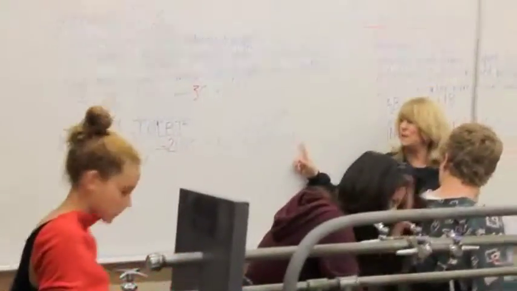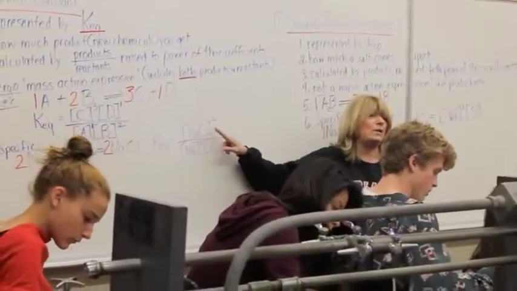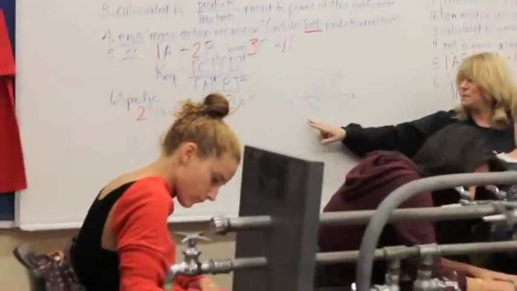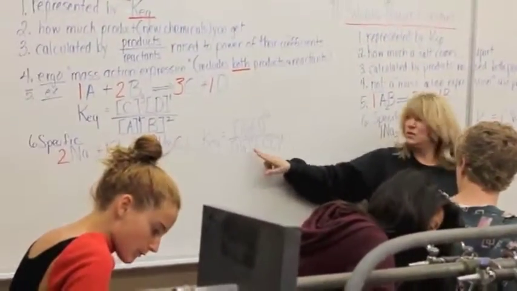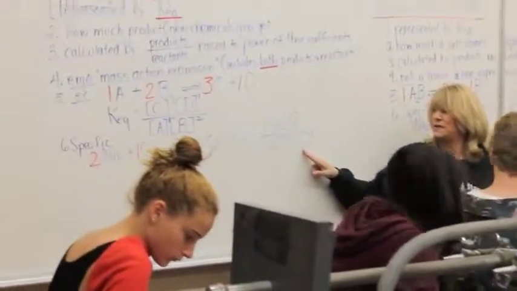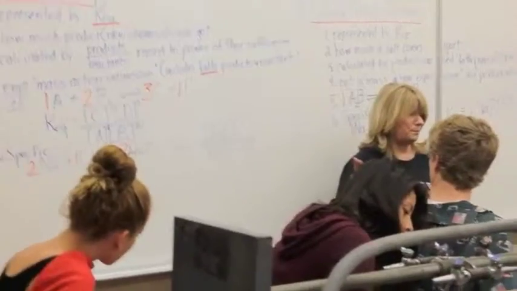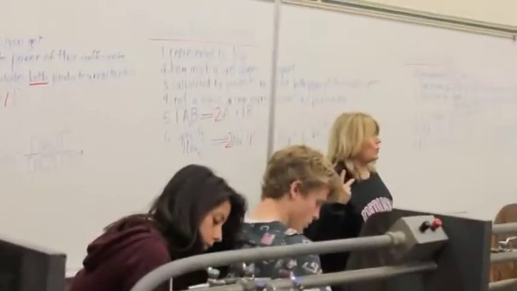So you would read this as Keq equals, open your bracket, NaCl, close your bracket, to the second power, divided by, open your bracket, Na, close your bracket, to the second power, open your bracket, Cl2, close your bracket, to the first power. They are raised to the power of their coefficients.